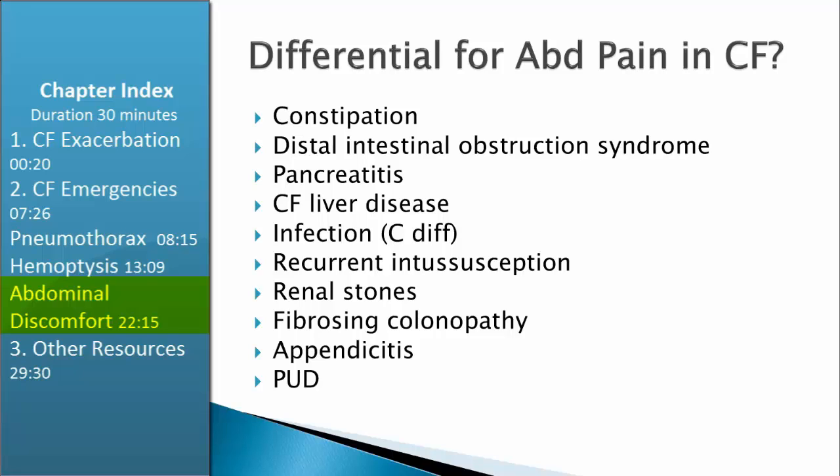We often will forget about this, but just remember that these patients are on antibiotics, and a lot of them quite frequently. Recurrent intussusception can occur. They can get kidney stones, fibrosing colonopathy, which I'll talk about a bit later, appendicitis, and peptic ulcer disease.